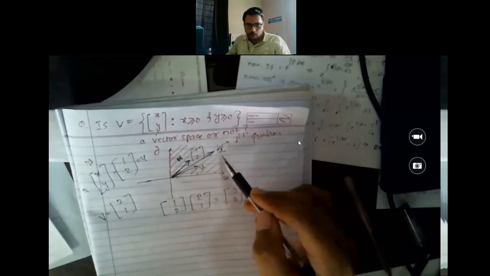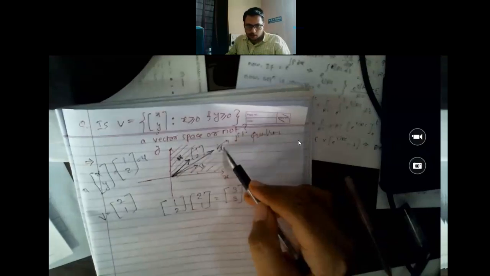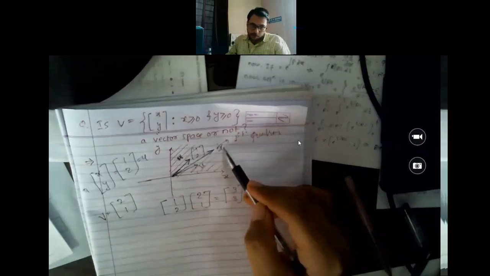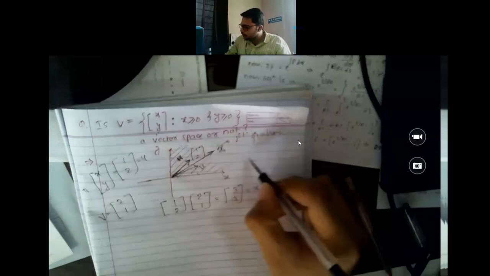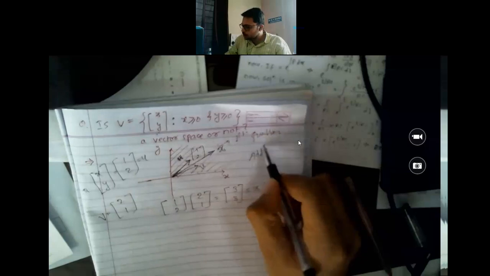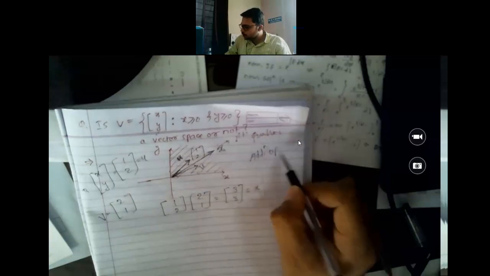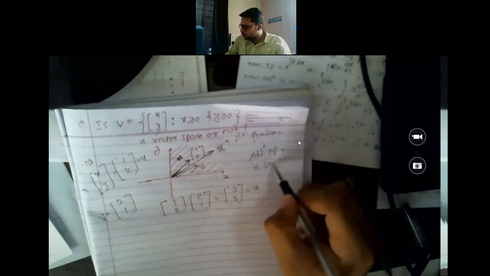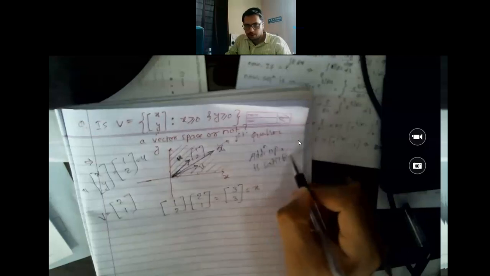So x is the result of addition of u and v, and x is lying in the first quadrant. That's why we will say that the addition operation is satisfied by this vector space.